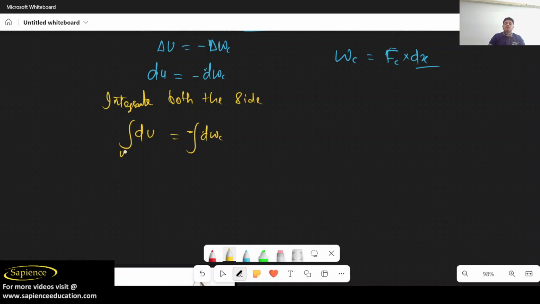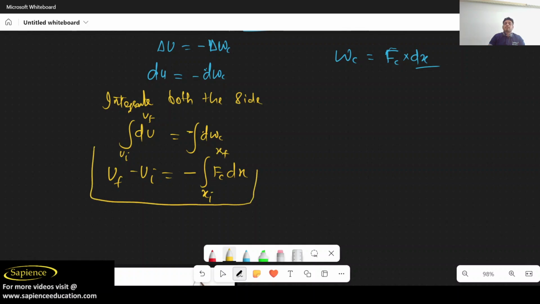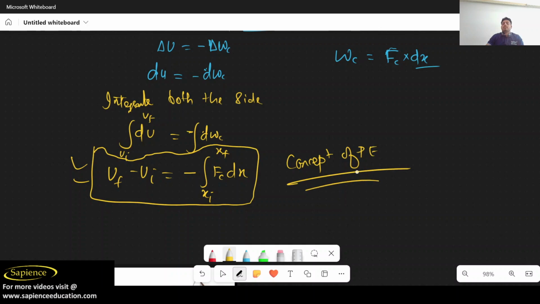Okay, and it is final minus initial. So that is equal to Uf minus Ui, and that is equal to negative of integral of F dx, and displacement is from xi to xf. So this is also one term. In many places you will get this type of concept of potential energy, right? So always try to write the change in potential energy.